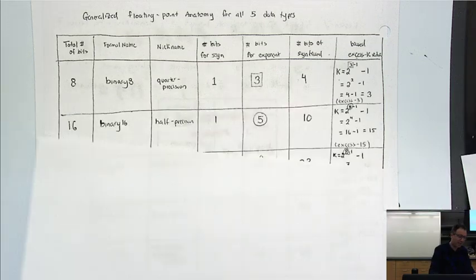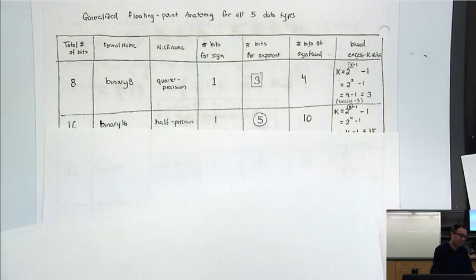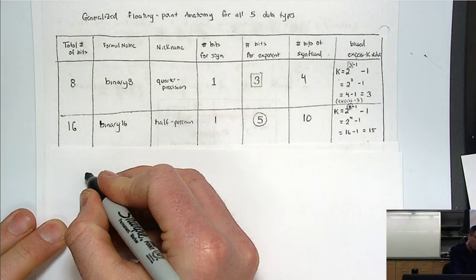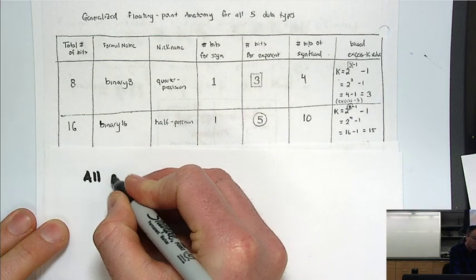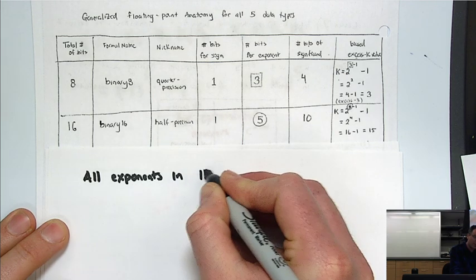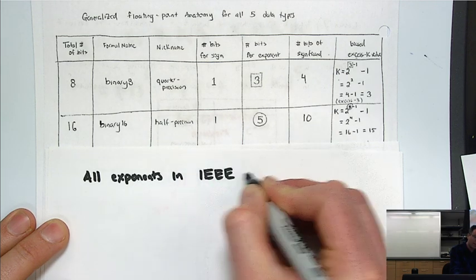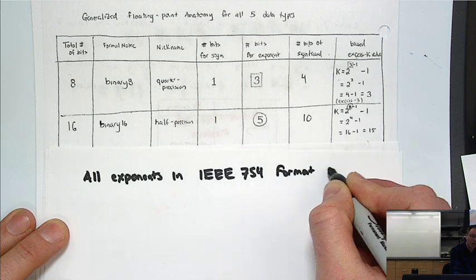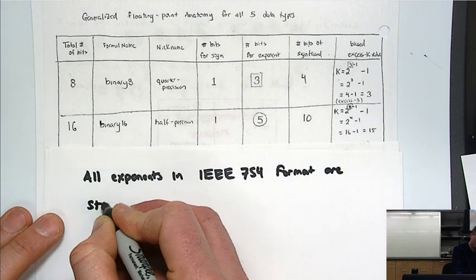So if I say all exponents in IEEE 754 format are stored in what?